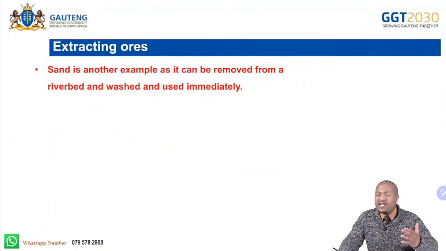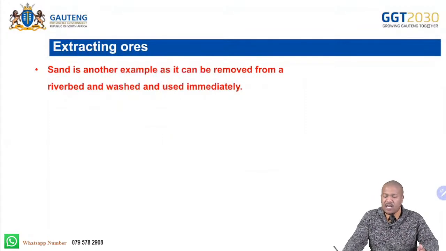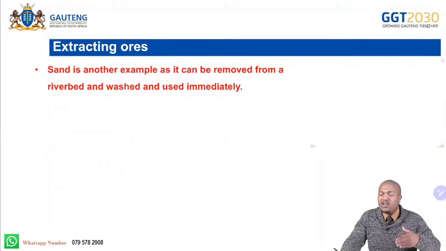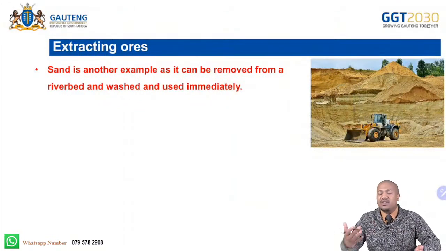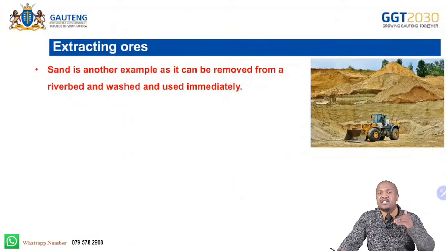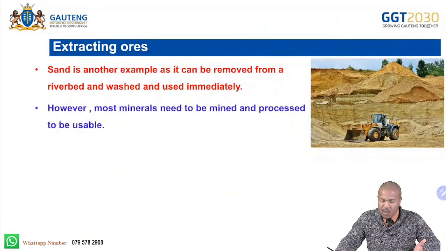Sand is also an example of a mineral that can be used in its natural form, because it can be easily removed from a riverbed, washed, and used immediately to build houses and any form of infrastructure. So it comes in its natural form from riverbeds.